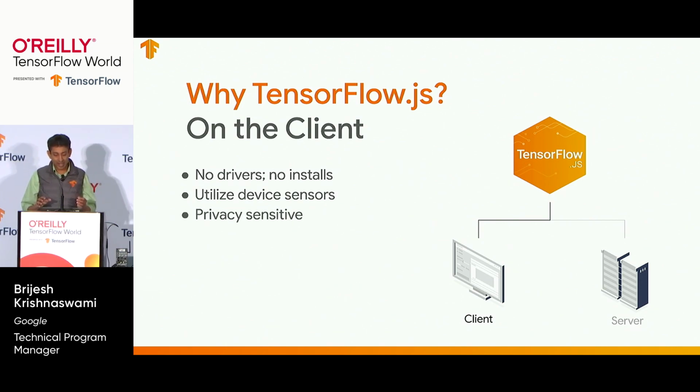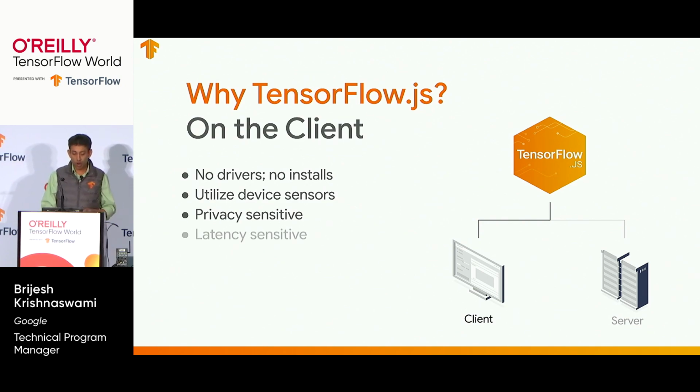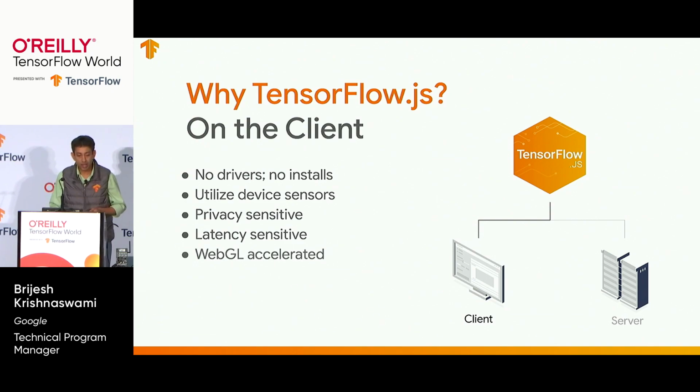TF.js lets you process data entirely on the client, which means it's a great choice for privacy-sensitive applications. It avoids round-trip latency to the server. It is also WebGL accelerated. These factors combine to make for a more fluid and interactive user experience.